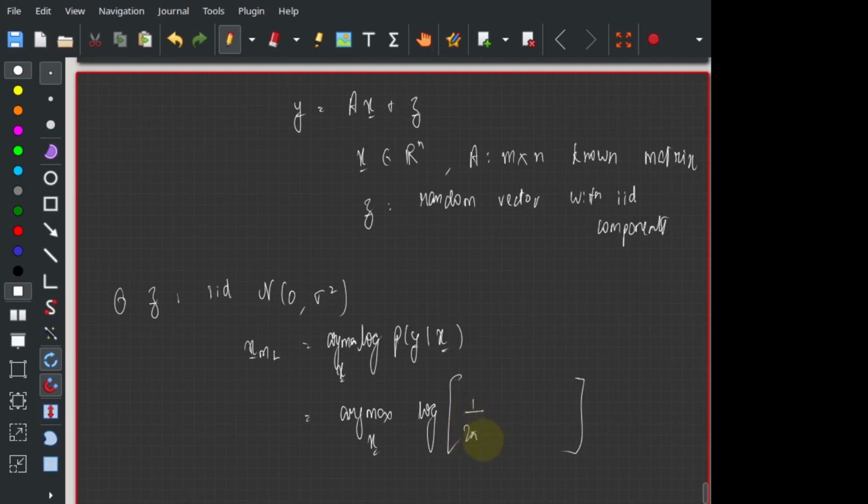It's 1 over 2 pi sigma square, the whole thing raised to n by 2, times e raised to minus norm of y minus Ax, the whole square, by 2 sigma square.